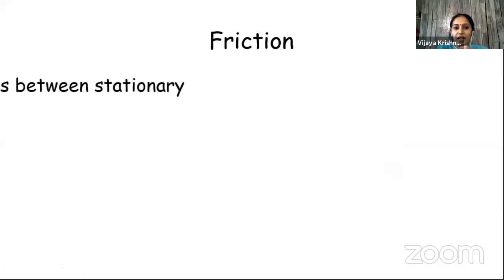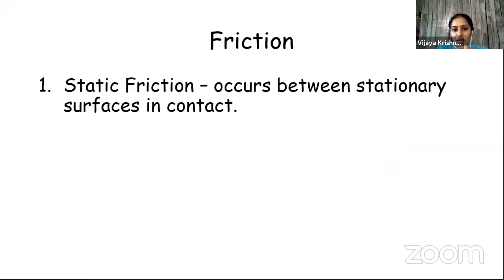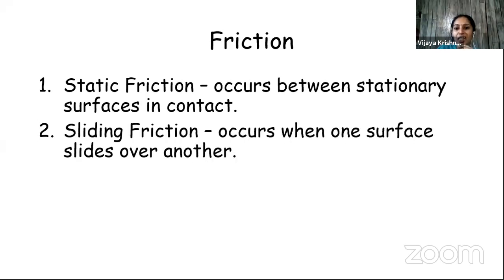Now, how do we reduce friction? Before we go to that, we need to understand the types of friction. So first one is the static friction that is going to happen between two stationary objects. So when the surfaces are in contact and there is no force, what you see is static friction. The second thing is the sliding friction. Now this happens when one surface moves over the other.